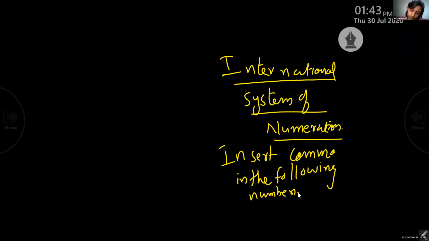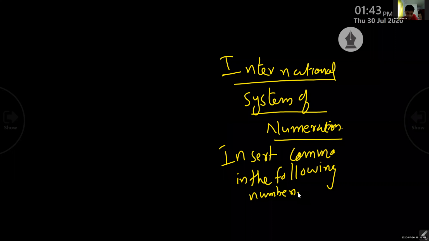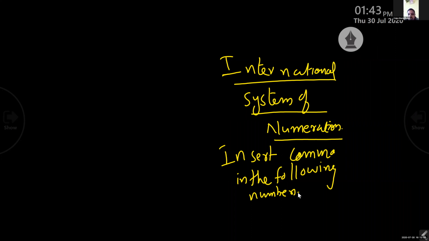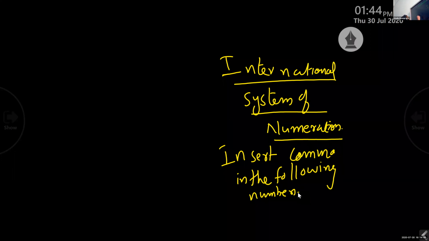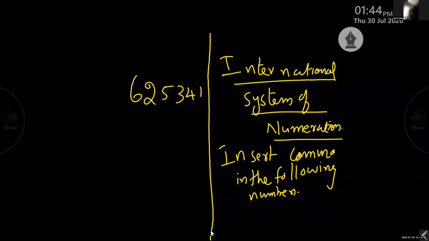This should be there in the notes: how to insert commas, international system of numeration. So what is the question? Insert commas in the following numbers. First example you can write. How many digits?